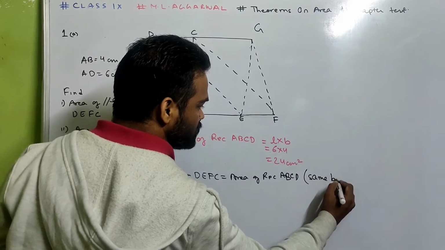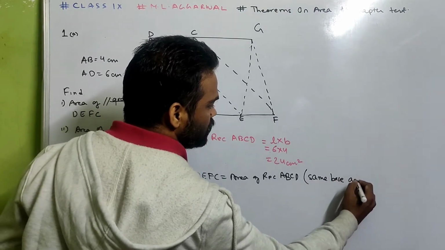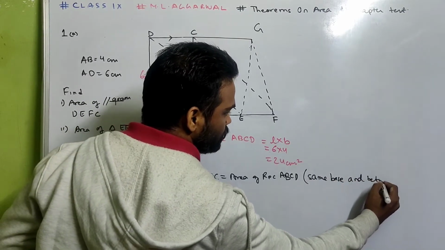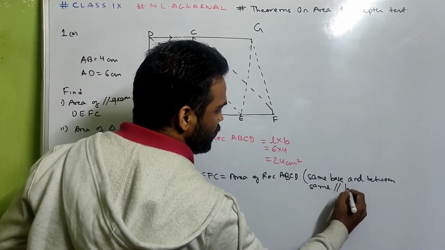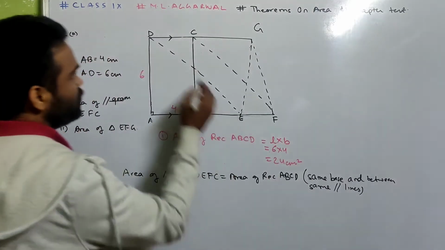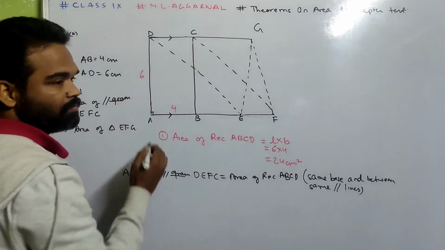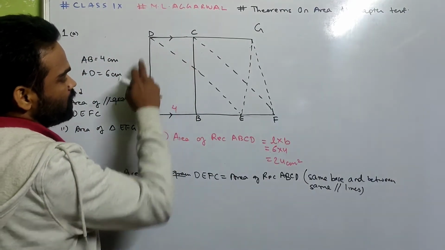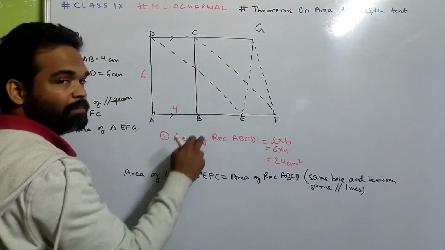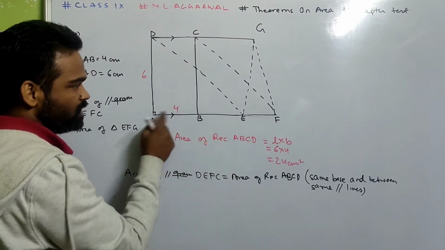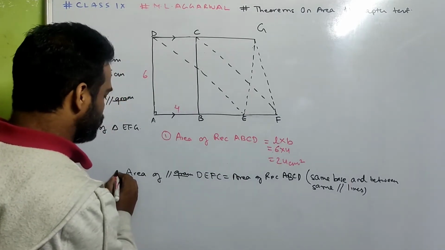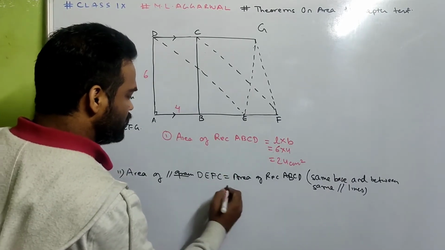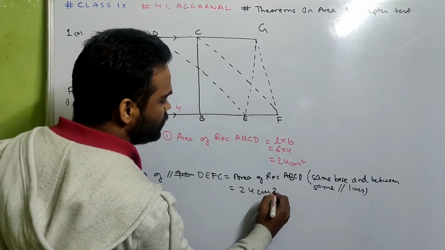Same base and between same parallel lines. Look carefully. Base is the same, DC, and between DC and AF, the same parallel lines, because AB is a part of AF only, which means the area of parallelogram DEFC will be 24 centimeters square.